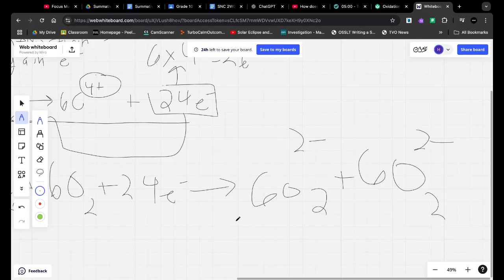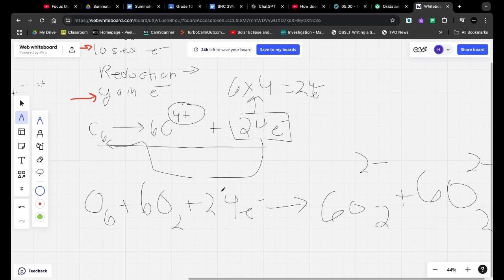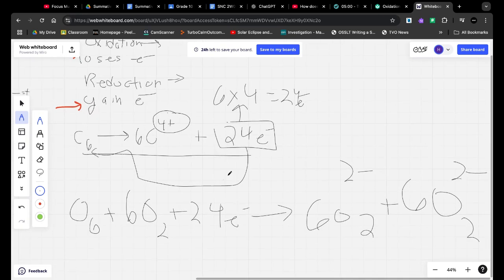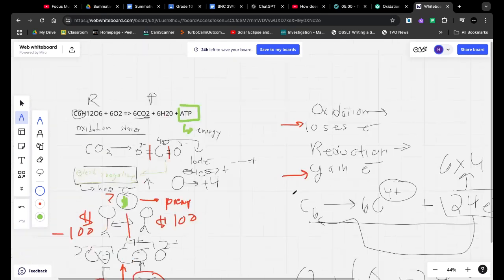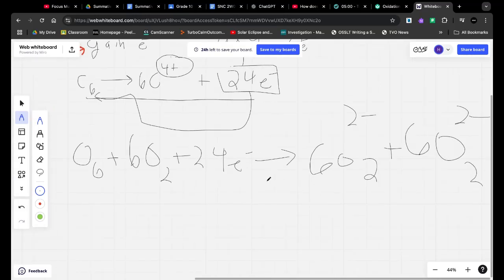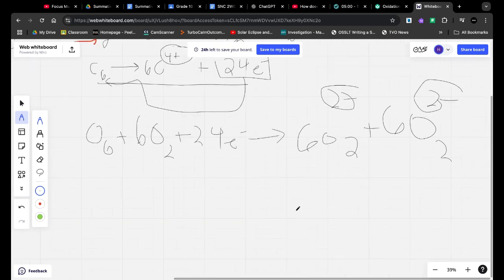This balances the whole equation, because you lost 24 electrons from oxidizing the carbon, but you gain those electrons back in the reactants because these oxidative states are 2 negative. That's why you gain over here.